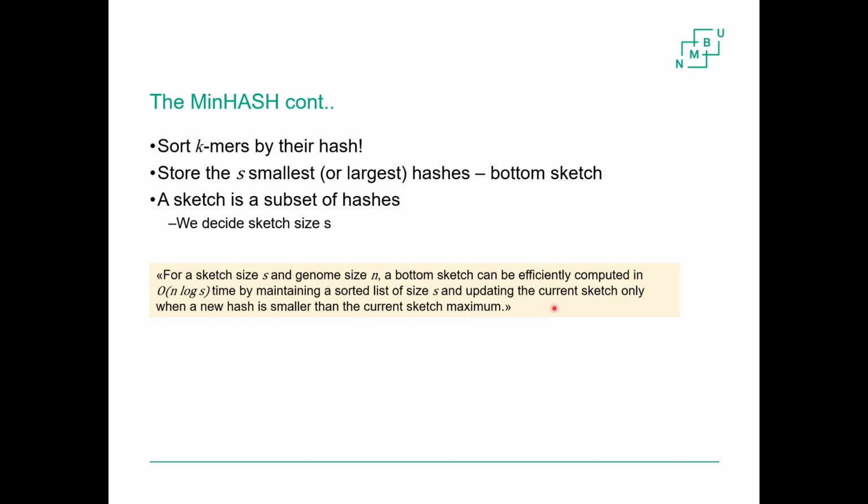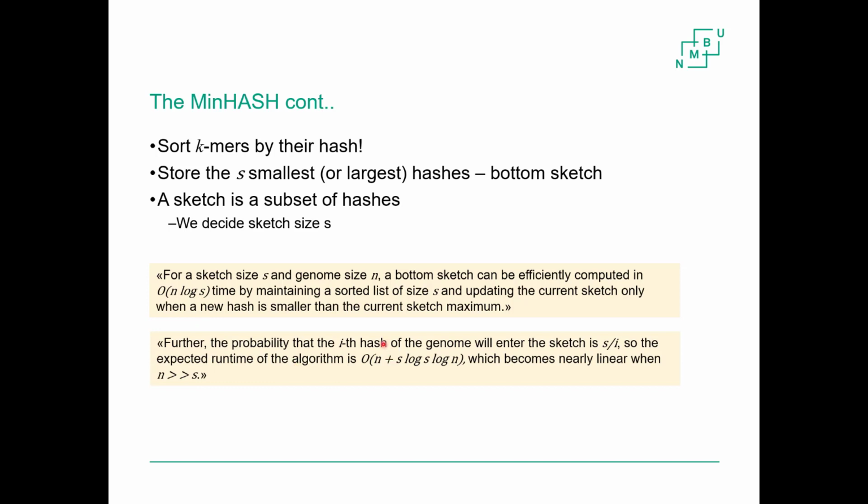But then as you start to look at the 1001st, 1002nd, 1003rd, and so on, if the new hash is smaller than the biggest of the 1000 already stored hashes, then you just replace that, right? So that the 1000 smallest hashes are found. So you just have to go through all the n k-mers and then a little bit more than that.